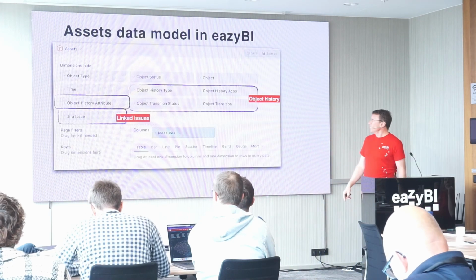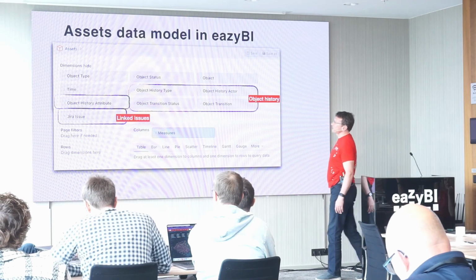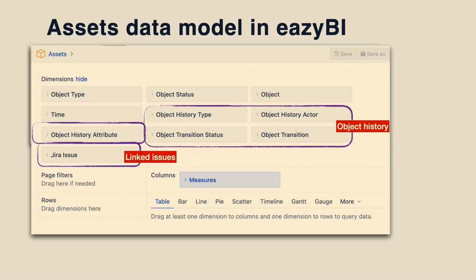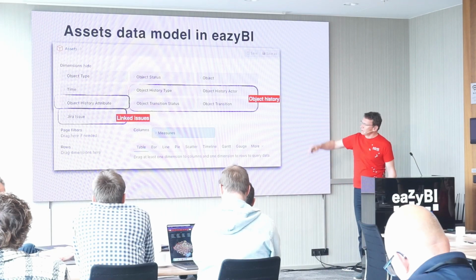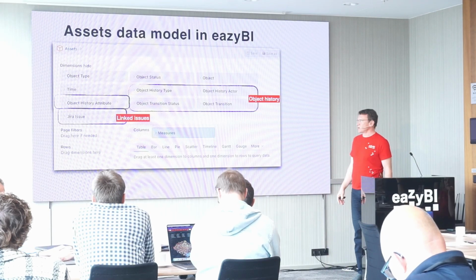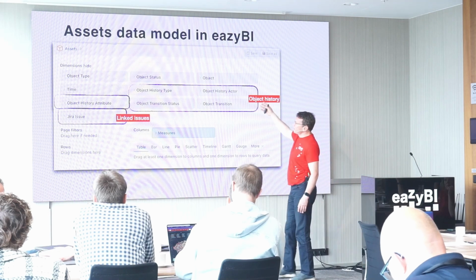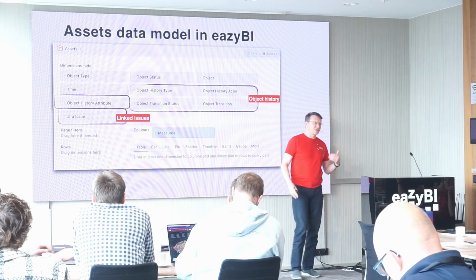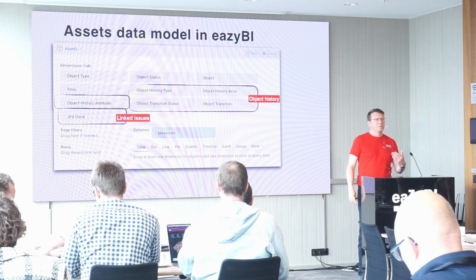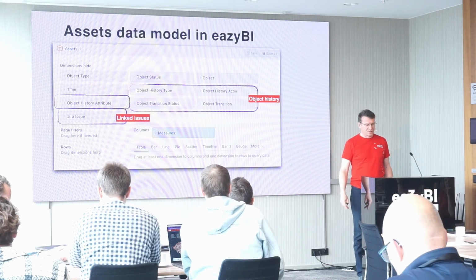There are additional features that you can select to see something from object history, and you can specify if you want to import linked issues. That will extend the data model with other dimensions, and there will be historical measures, but still the main measure in this model is object count.